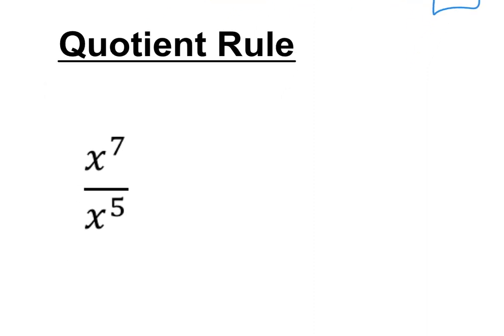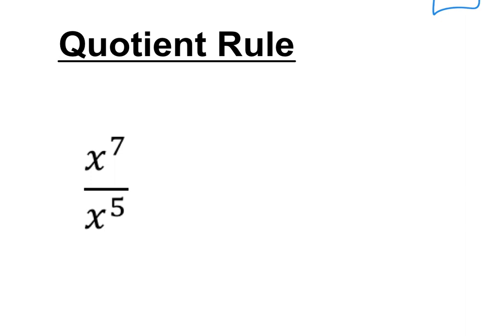Next one's the quotient rule. Quotient means to divide. So if you add when you multiply, what do you suppose you do when you divide? Multiplying and dividing are two different things, adding and subtracting are two different things. So you're going to subtract.